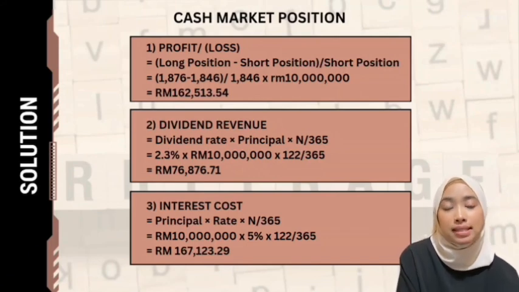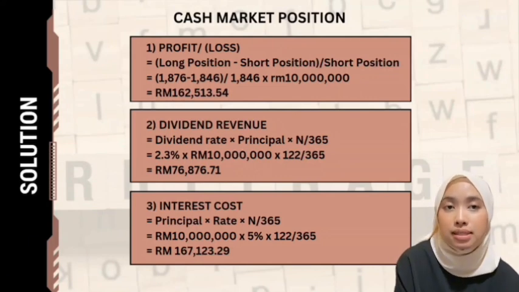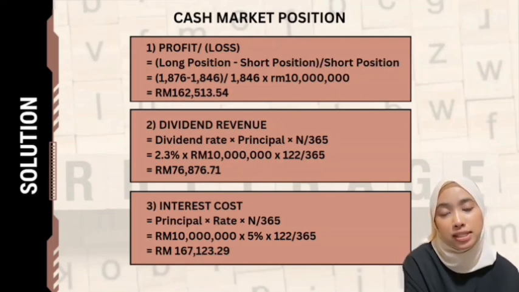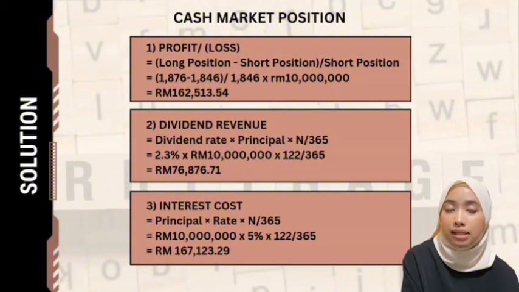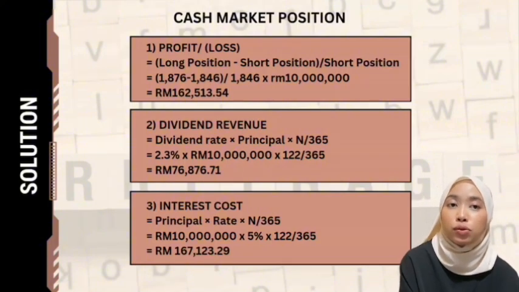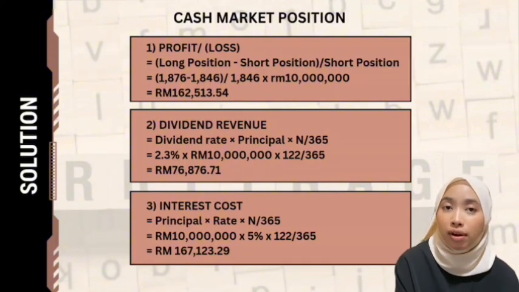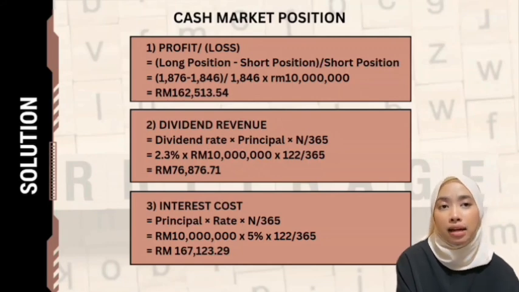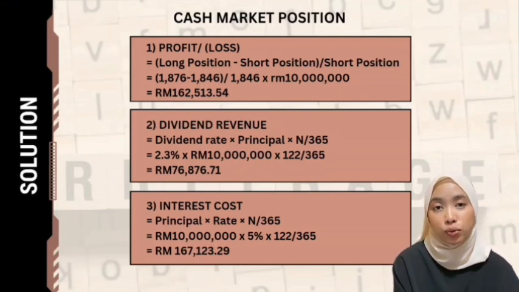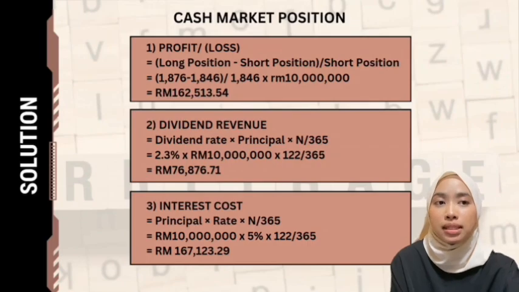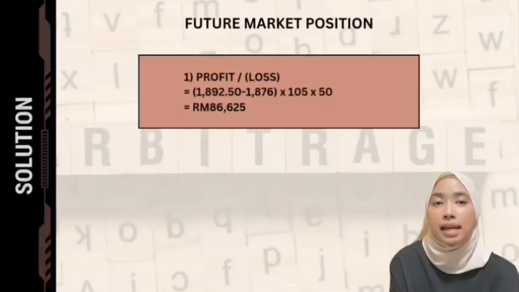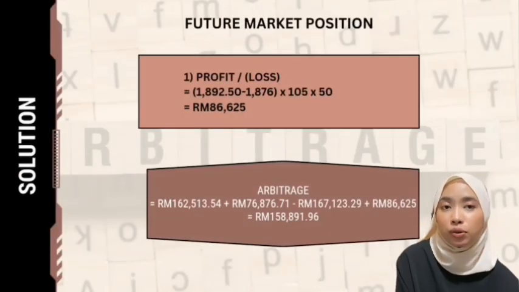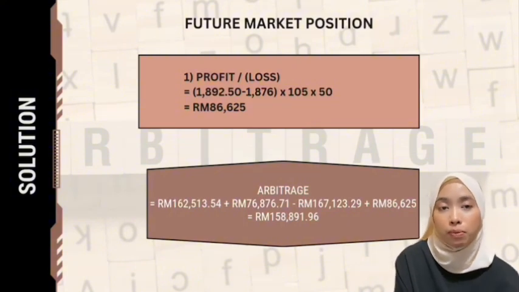The formula is the principal times rate times n, divided by 365 days. So 10 million times 5% times 122 divided by 365 days, and the answer is RM167123.29.